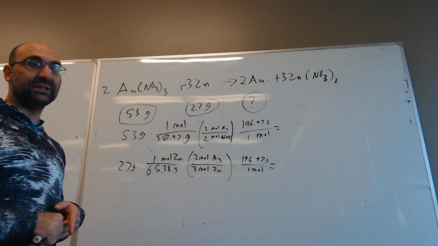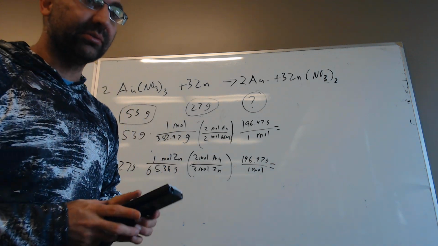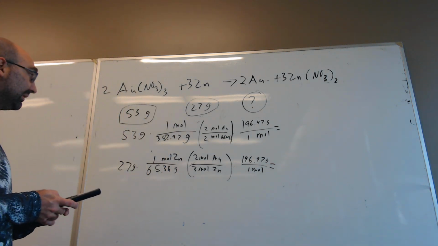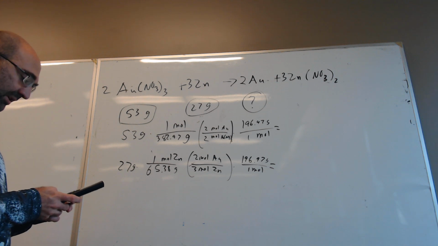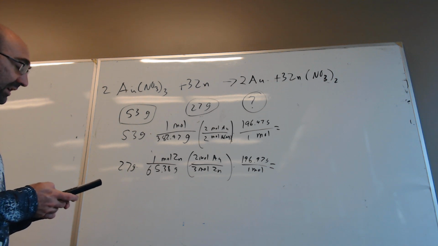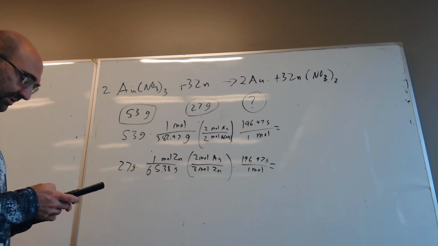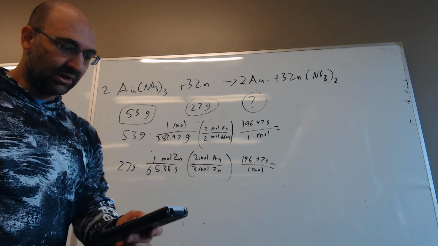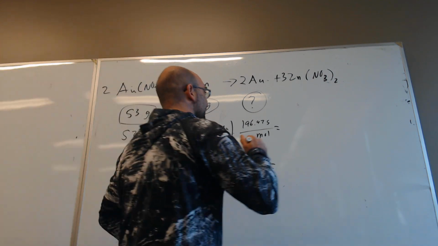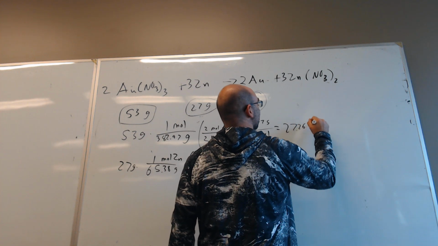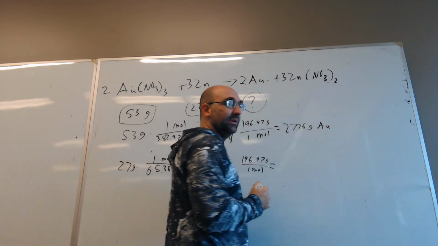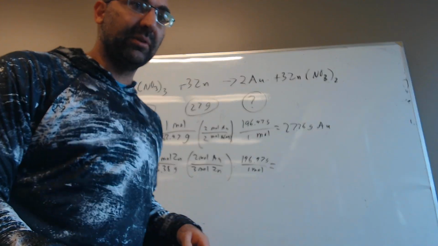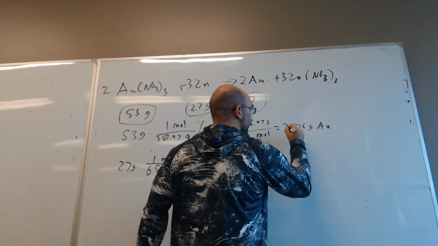Okay. Now I'm going to take a calculator and multiply them all through. So 53 divided by 382.97 times 2 divided by 2 times 196.97 gives me 27.26 grams of gold.